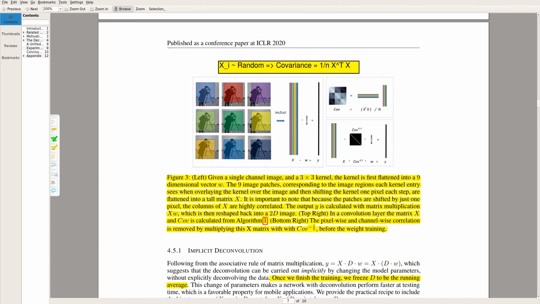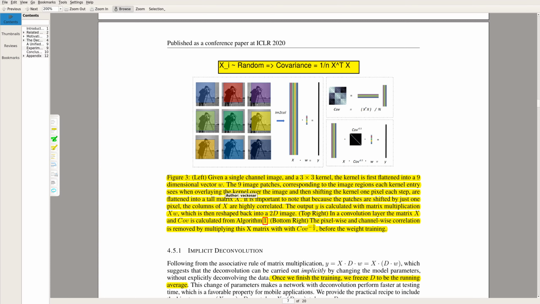So they have this very nice picture here, where they describe the convolution in this nice diagrammatic way as a matrix multiplication. They have this sliding window, right? Each sliding window, if it's flattened and added as a column into a matrix, then the convolution operation becomes just a multiplication of this matrix with the weight matrix, and then you get the resulting vector.